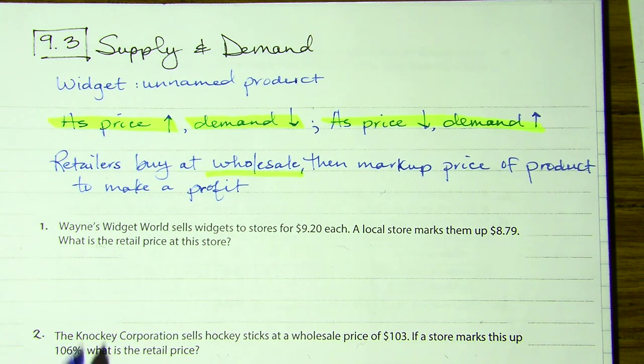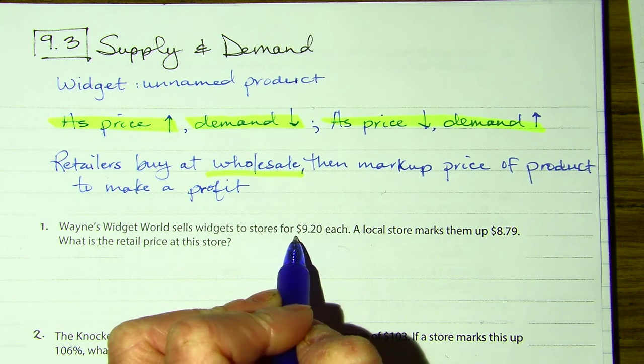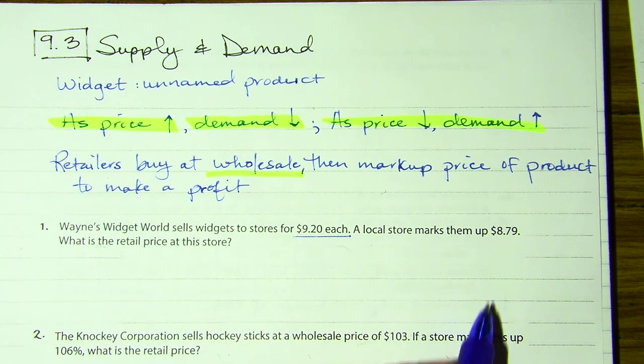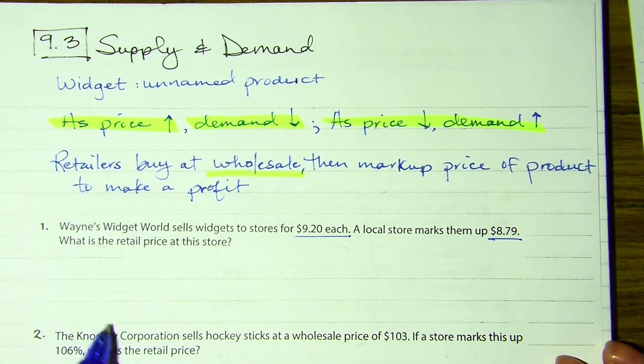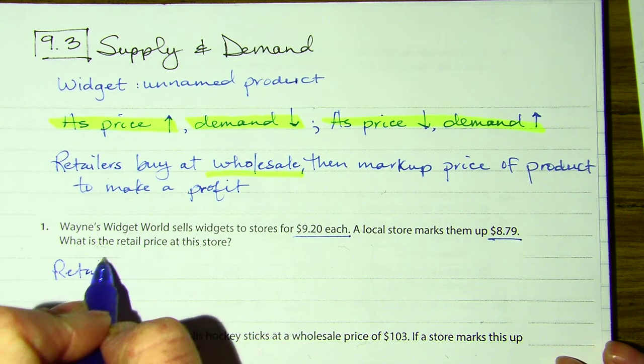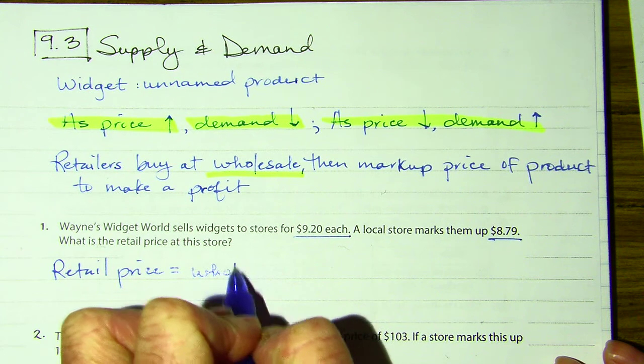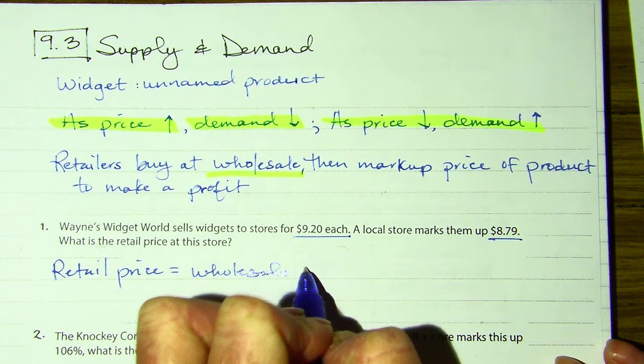Number one, Wayne's Widget World sells widgets to stores for $9.20 each. A local store marks them up $8.79. What is the retail price? So our retail price equals the wholesale plus the markup.